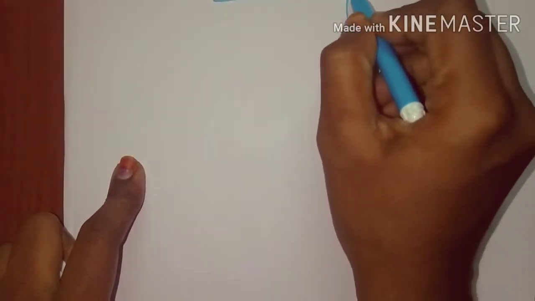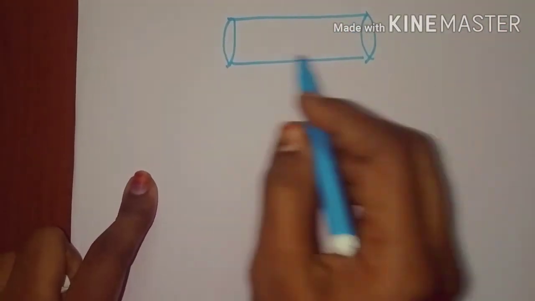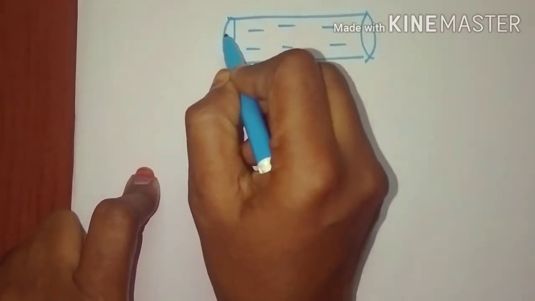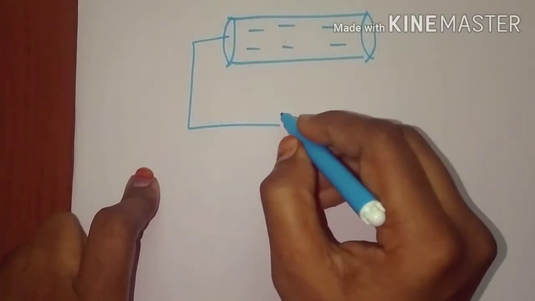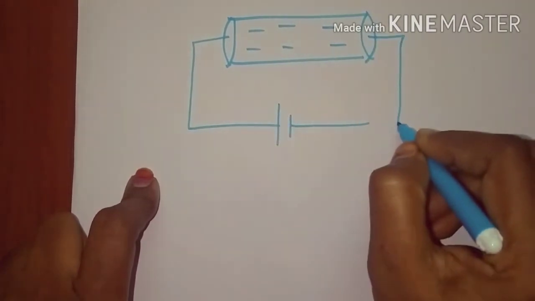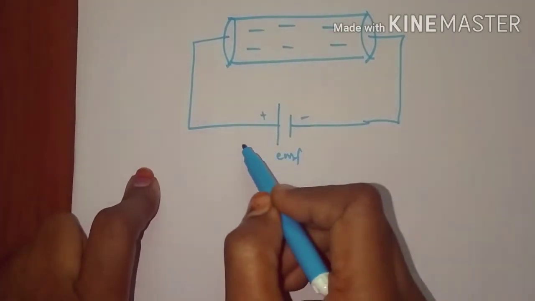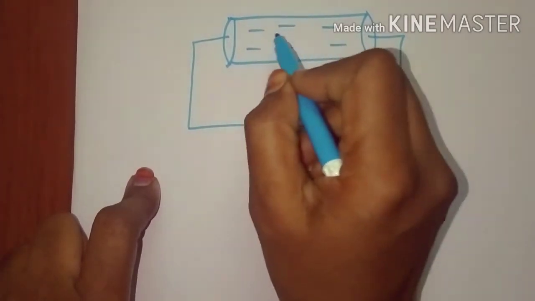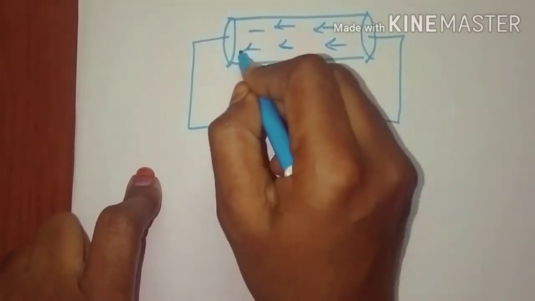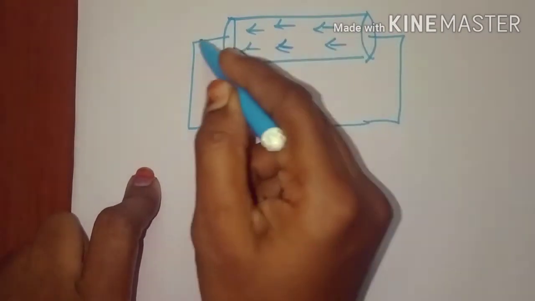This is a conductor which has a large number of free electrons in it. Assume these are free electrons, and you are giving an external EMF. The EMF source I am giving here is a battery. Once you apply this EMF source, the free electrons present in the conductor will align in such a way that they flow from the negative terminal of the battery to the positive terminal.